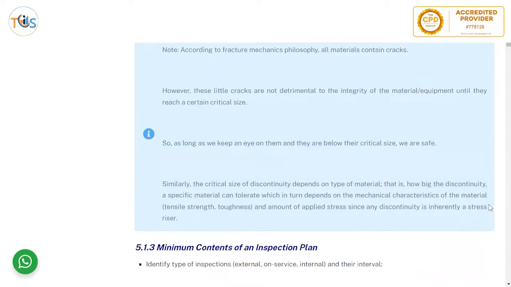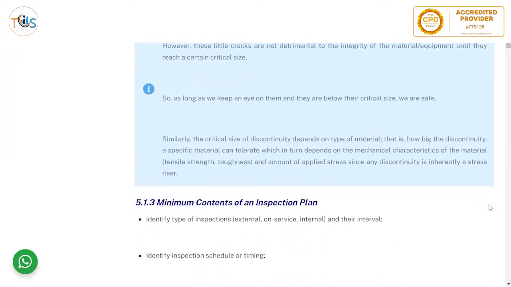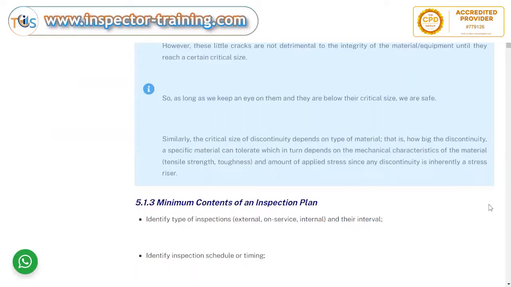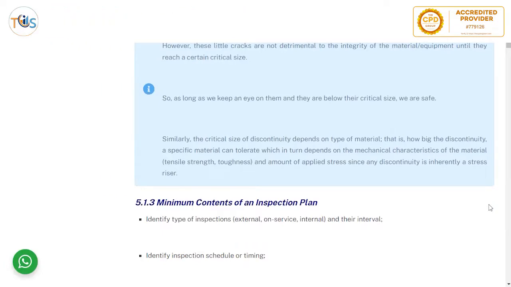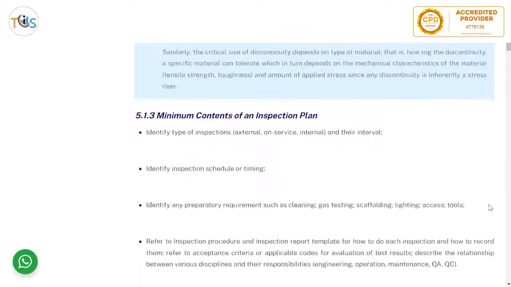Similarly, the critical size of a discontinuity depends on the type of material, that is, how big a discontinuity a specific material can tolerate, which in turn depends on the mechanical characteristics of the material, specifically the tensile strength and the toughness, and the amount of applied stress, since any discontinuity is inherently a stress riser.